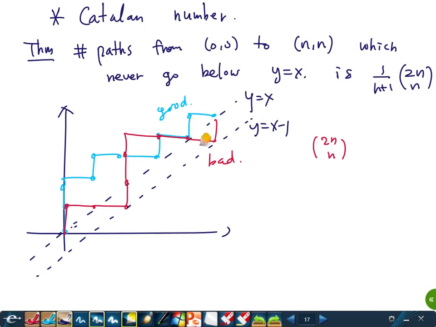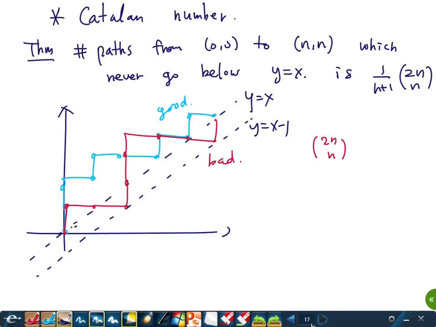It may touch several times, and it may even go below this, but what we can be sure about is that a bad path must touch this line. Is this clear? It's very simple. You have to believe me.